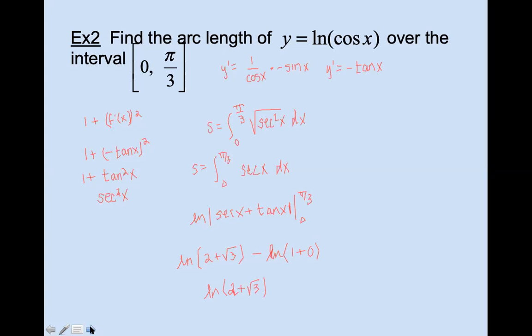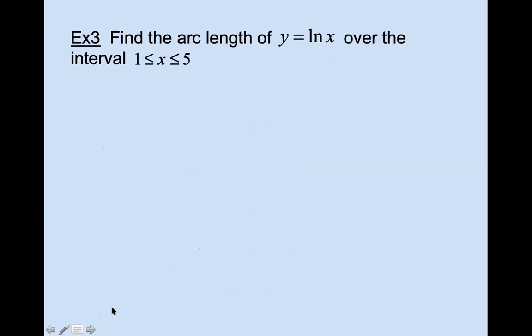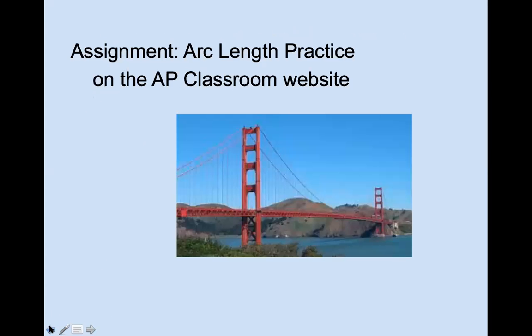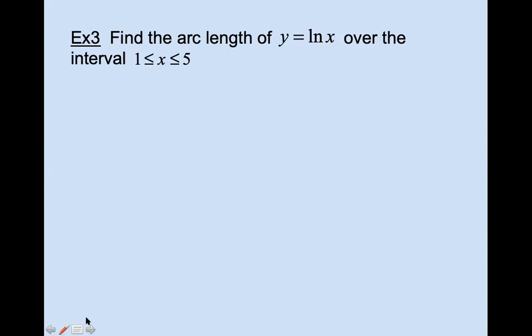All right, our last example is one where you need to use a calculator. But if we started out same way, we would find y prime. And you might want to think of these sometimes, sketch a little picture of what's going on. So a natural log graph, remember, has a vertical asymptote at x equals 0.